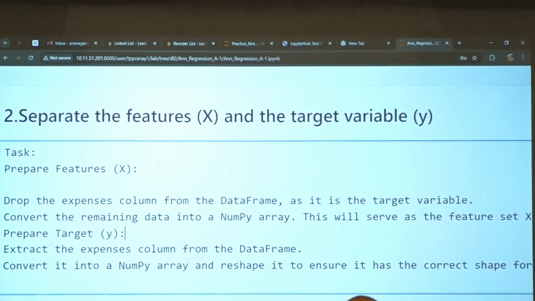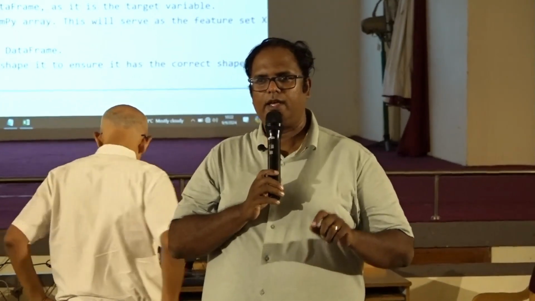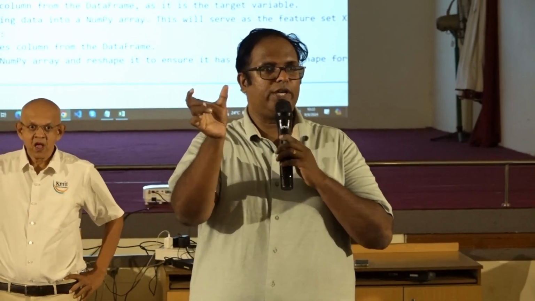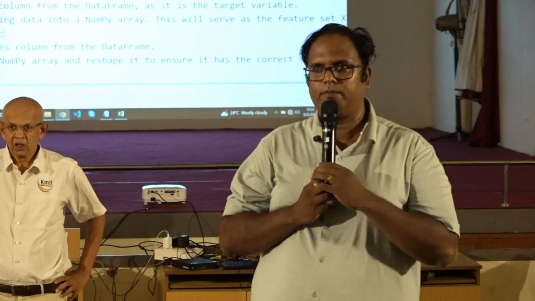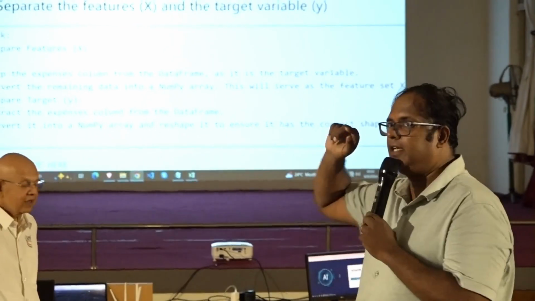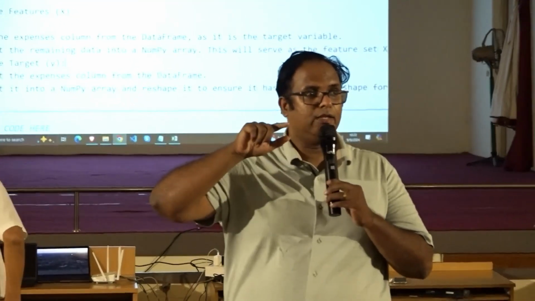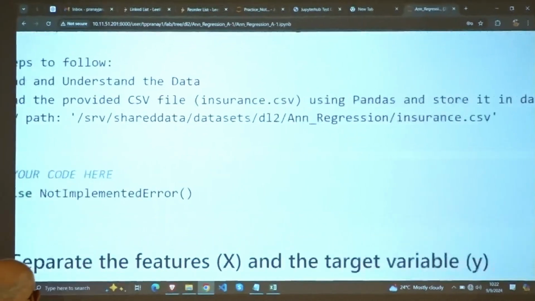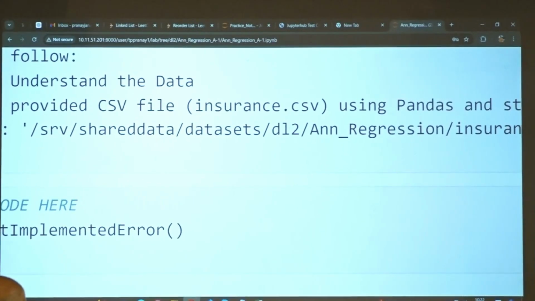Let me see. Yeah, Asha, just hold on. Yes, sir. In the dataset, everyone is typing the wrong URL, meaning the wrong location of the dataset. It's not D12, it is DL. Pranay, can you just scroll up to the dataset there? So that is DL2.